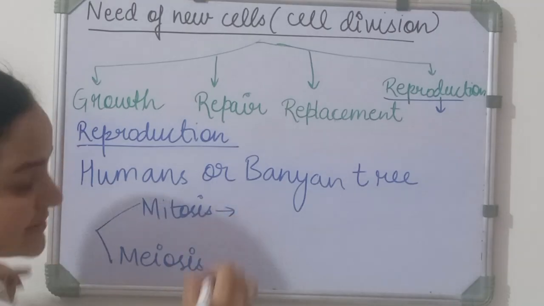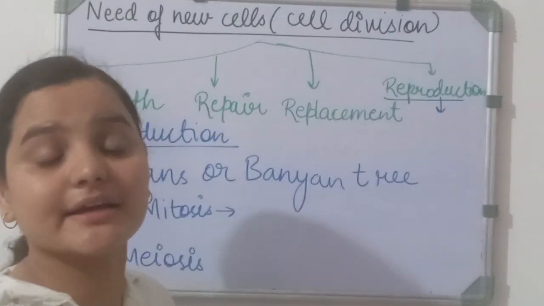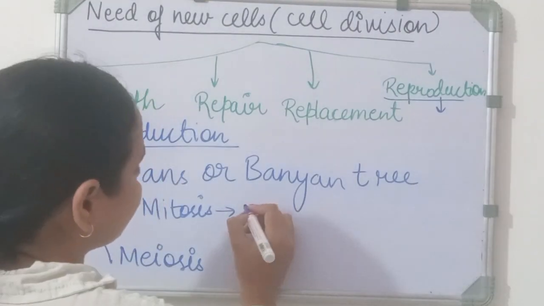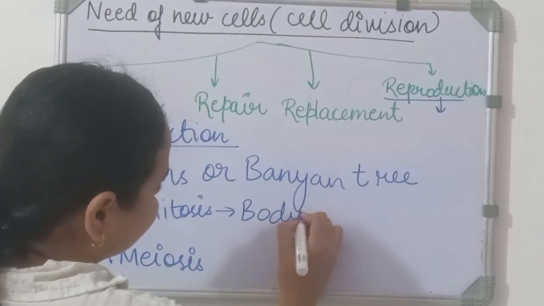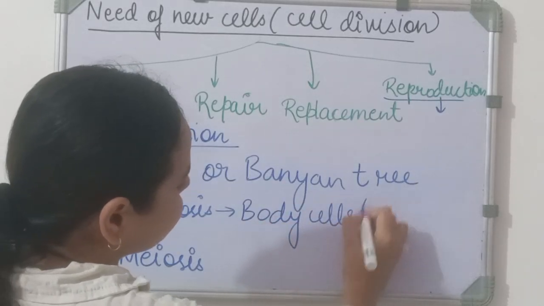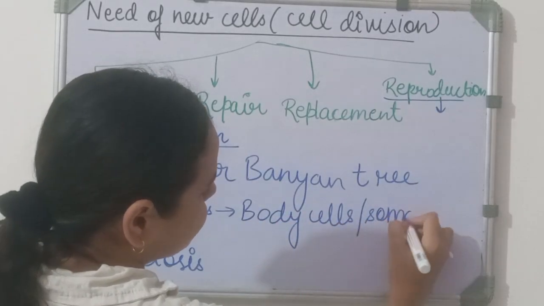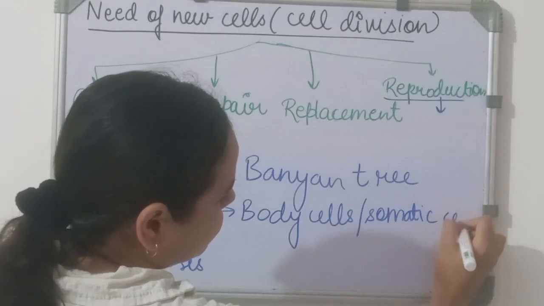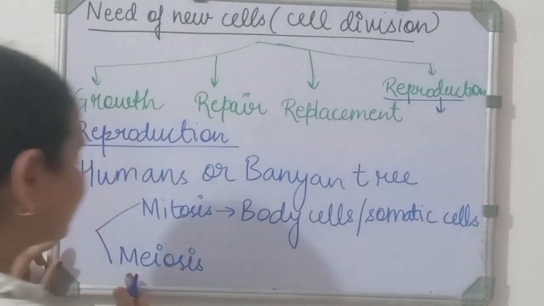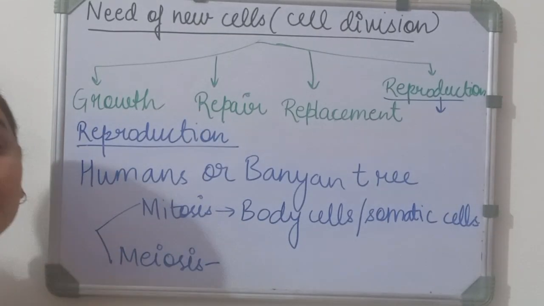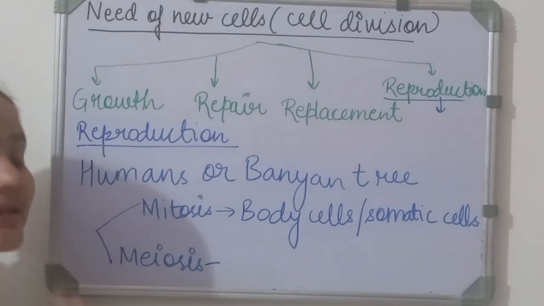Mitosis occurs in somatic or body cells. Meiosis occurs in reproductive cells, which are also known as sex cells.